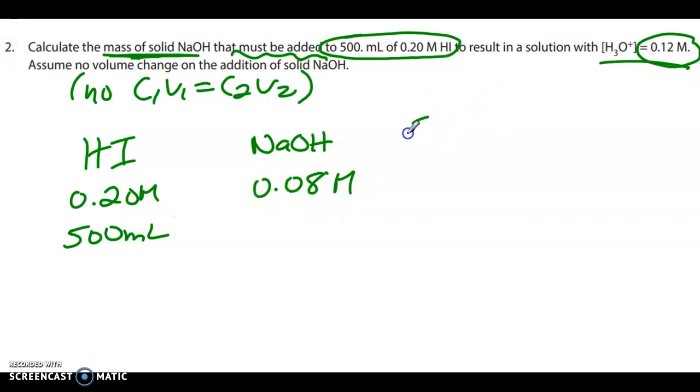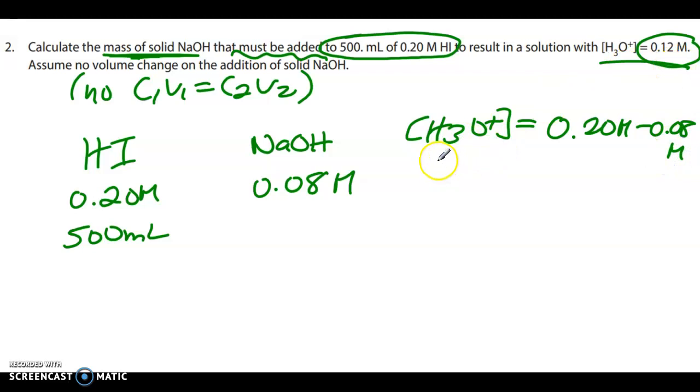So let's do the math. If we need a remaining H3O, it would be 0.20 minus 0.08. This would give us the 0.12 moles per liter that we are looking for. That's how much has to be remaining. I'm hoping that makes sense.